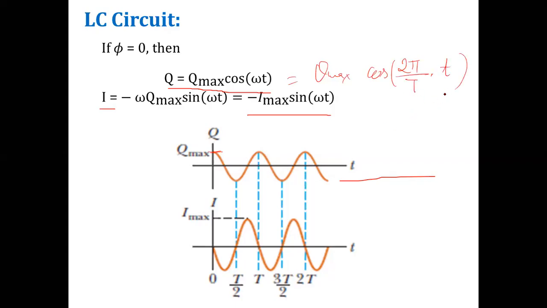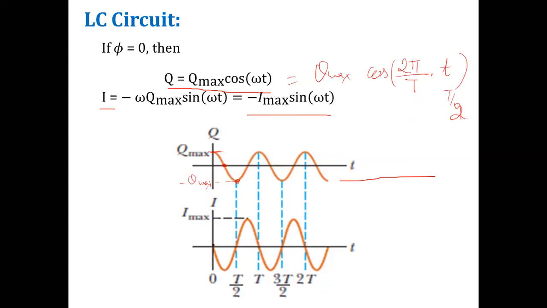If you take t equal to T by 4, T will cancel, you will have cos pi by 2, and cosine of pi by 2 is equal to 0. So your charge is 0. If you put t equal to T by 2, you will have cos of pi, which is equal to minus 1, and you will have minus q max as the charge, and so on.